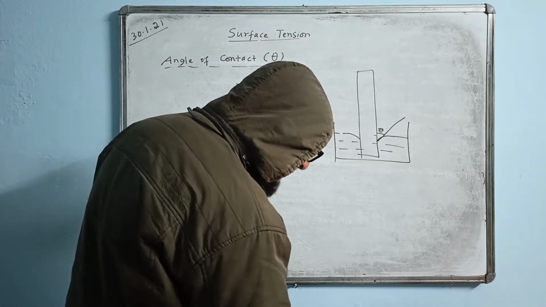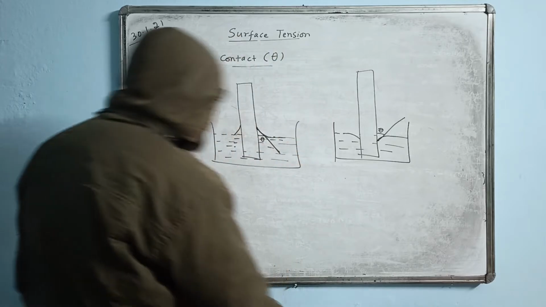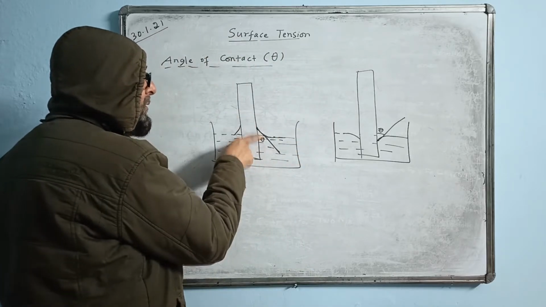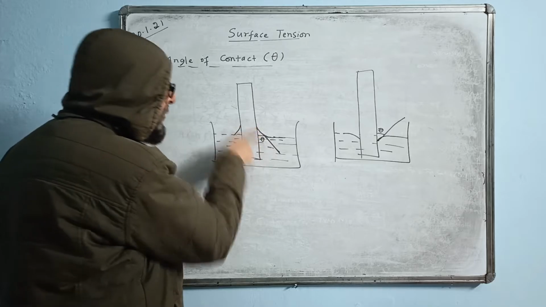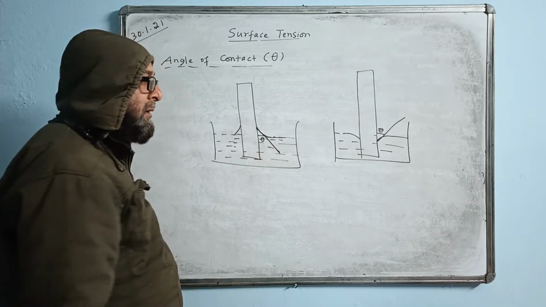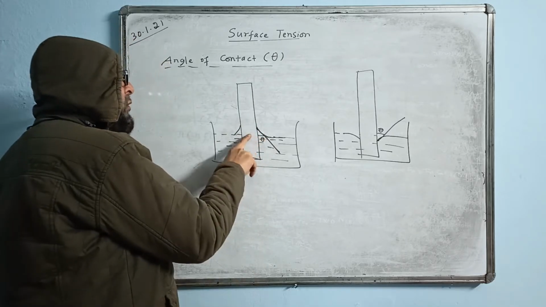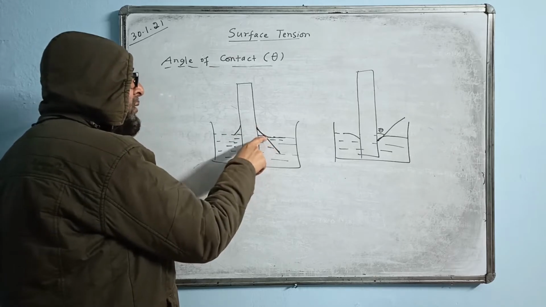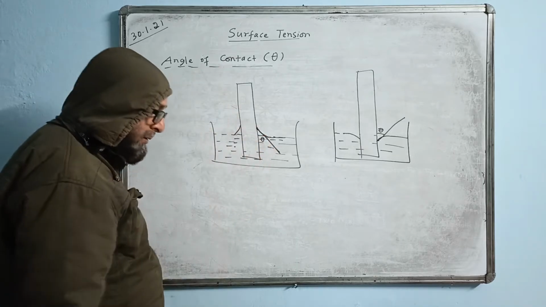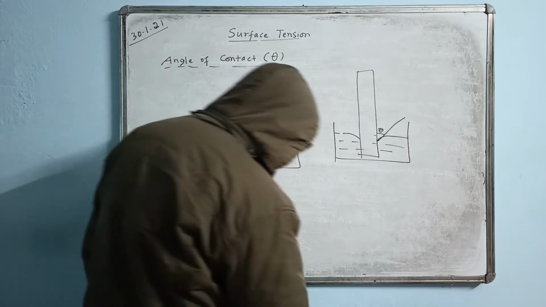So the angle of contact is the angle between the solid and the tangential plane. There will be a curve formed here, so we have to draw a tangent on that curve, and the angle between the solid and the tangent drawn on the curve is called the angle of contact. That is denoted by the symbol theta.